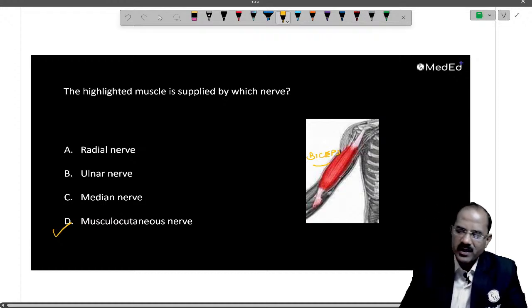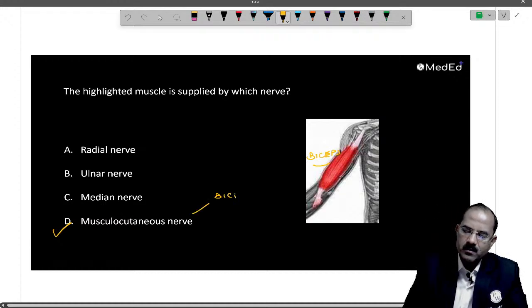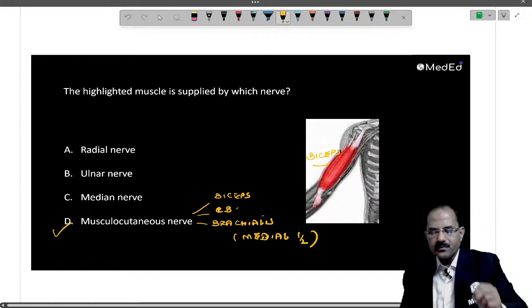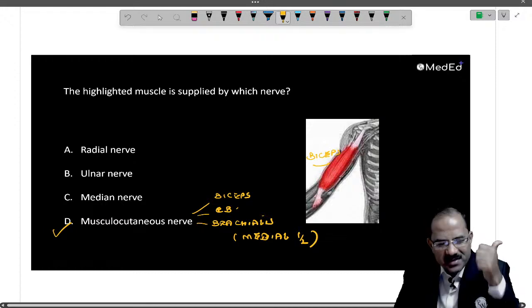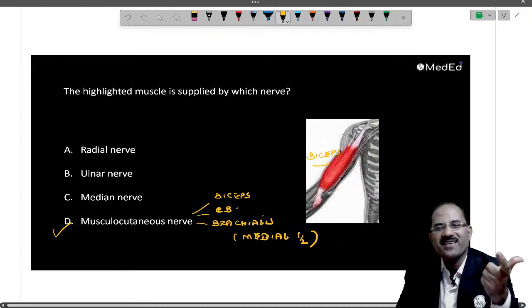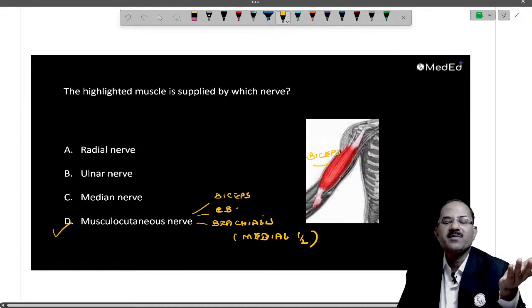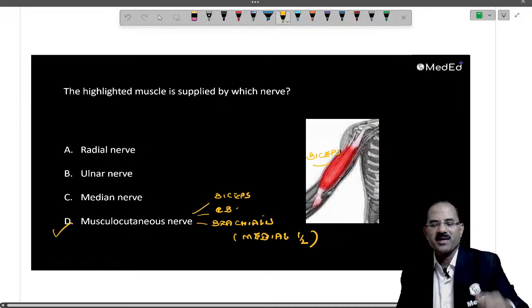The musculocutaneous nerve supplies three muscles: biceps, coracobrachialis, and the medial half of brachialis. The lateral half of brachialis is supplied by radial nerve.